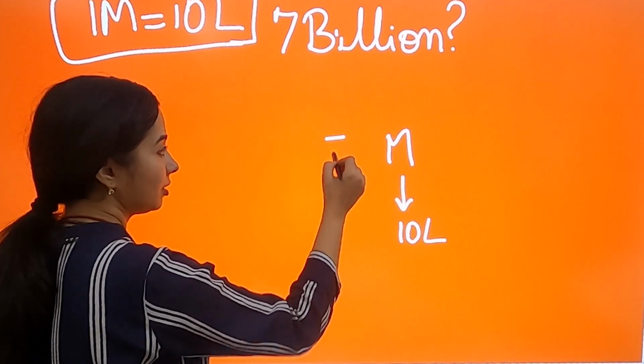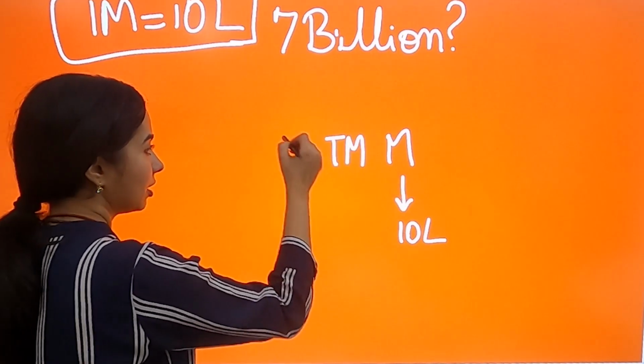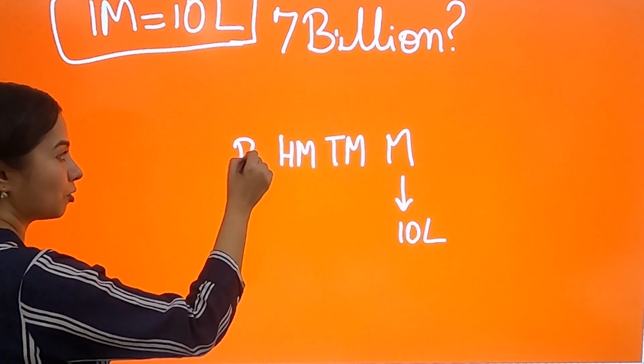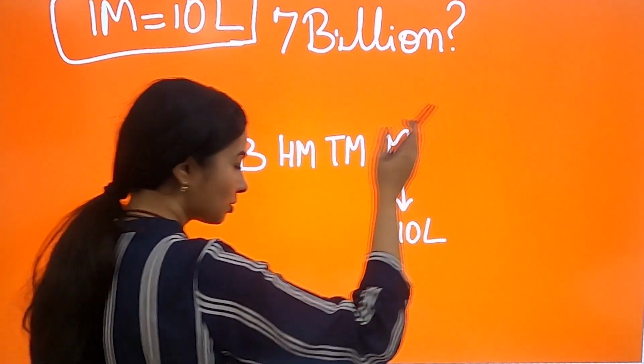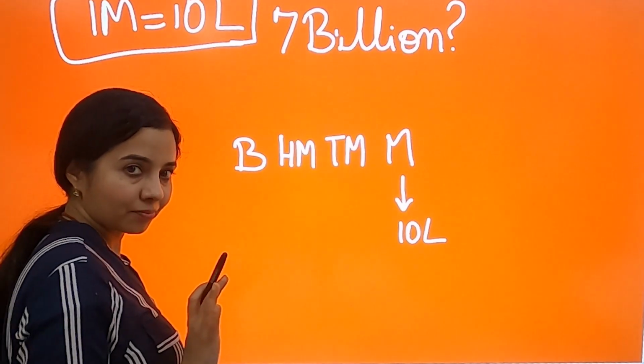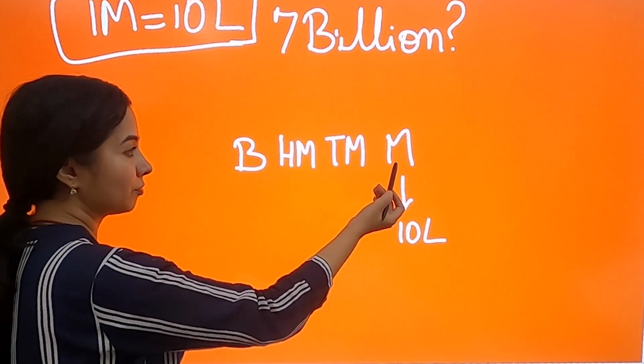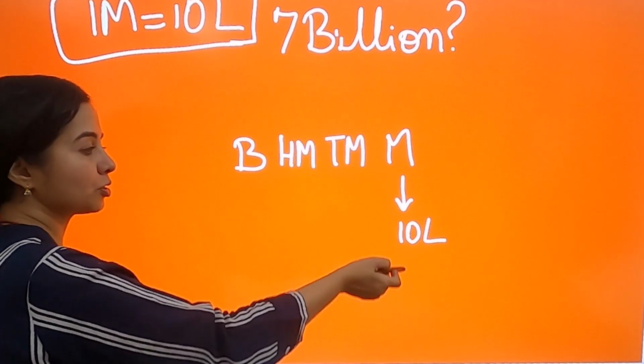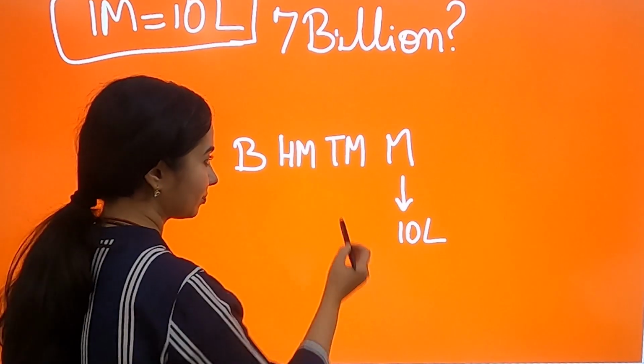After the million comes 10 million, then 100 million, and then billion. We don't have to write all the places, right? From units, we have just started from the millions, because we know that 1 million is equal to 10 lakhs.